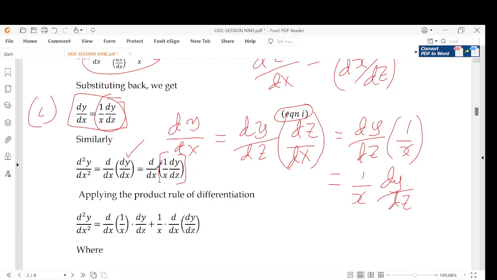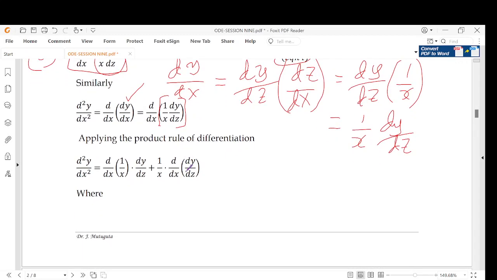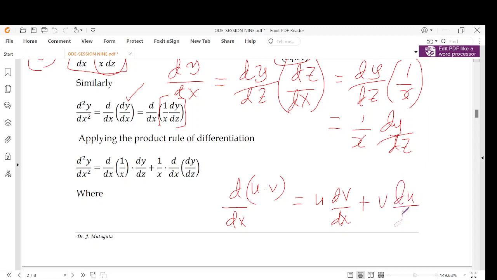Now we see that we need to differentiate this quantity, which is a product of two quantities. Remember, when we are differentiating a product, the derivative with respect to x of u times v is given by u times dv by dx plus v times du by dx.